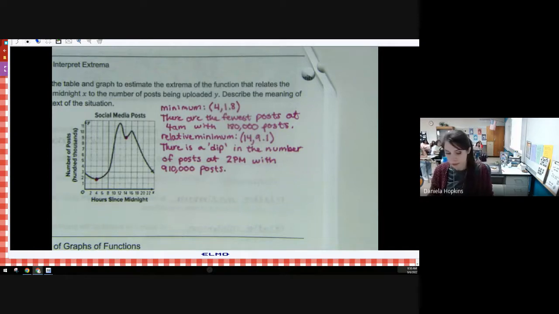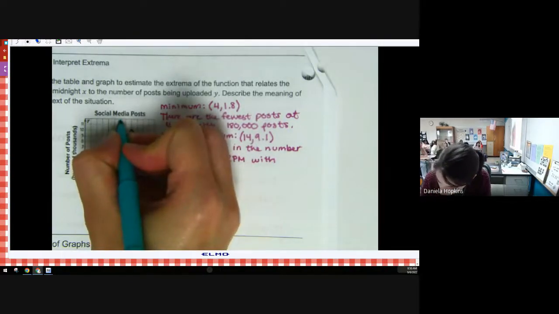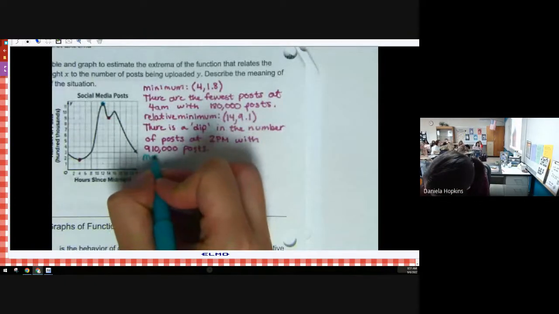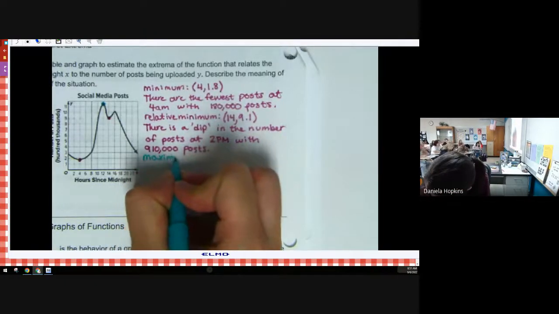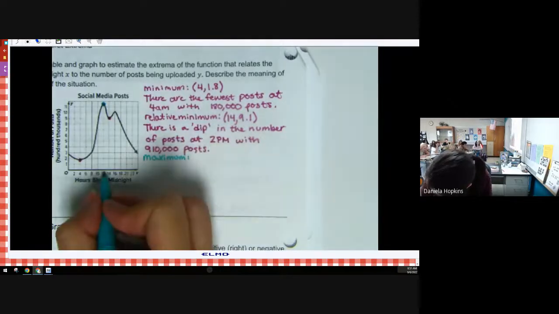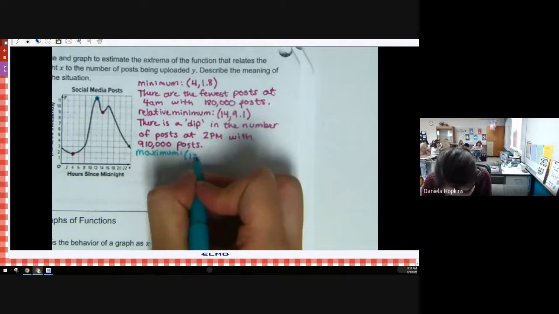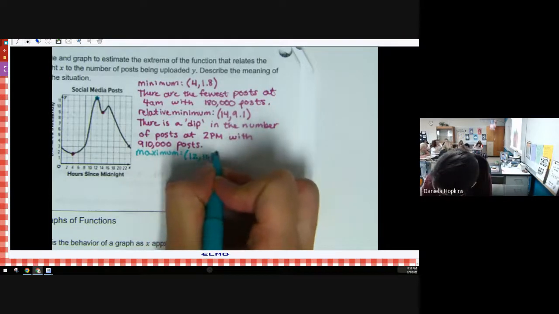And then we have some maximums too. So we have an actual maximum when the most number of posts occurs. It would make sense that we have an actual maximum. So our maximum is occurring when X is 12, so that's at noon. But if I look at my table, it would be 12, 11.5.